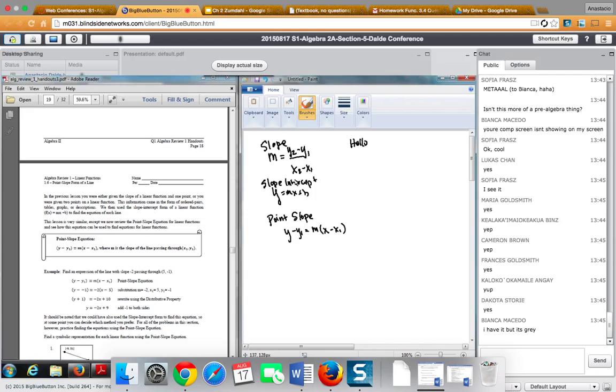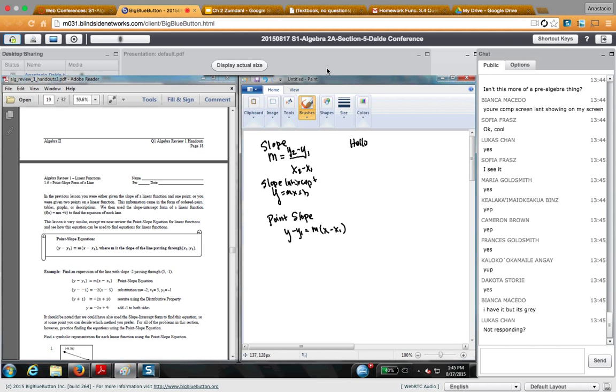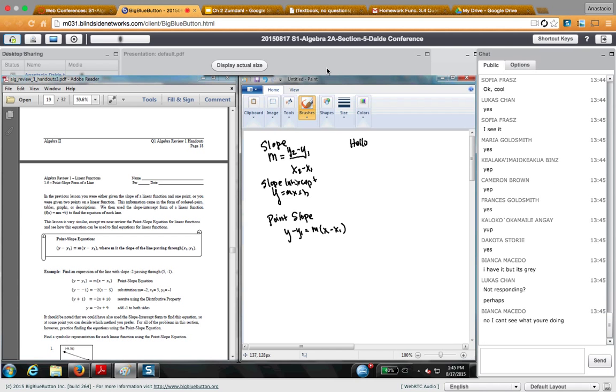You have it, but it's gray. What do you mean it's gray? Like it's grayed out and you can't maximize it? Not responding. Oh, okay. What you might want to do, Bianca, is your computer might just be glitching out, so you should probably log out and log back in.